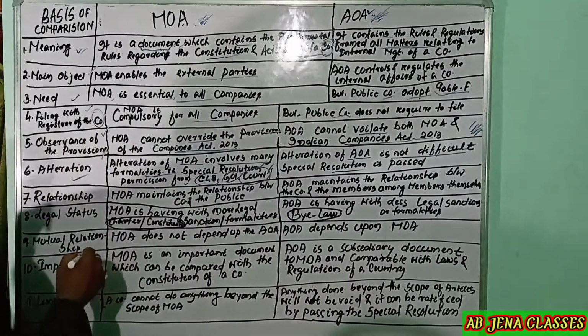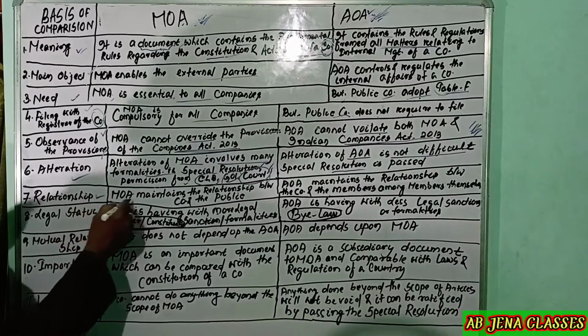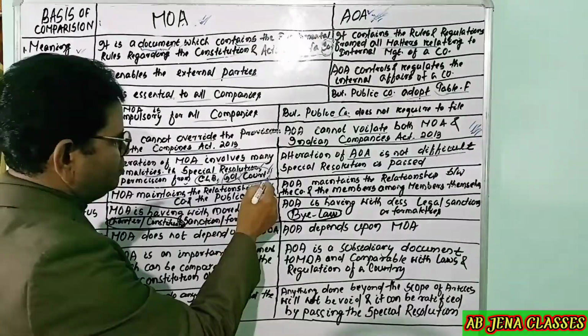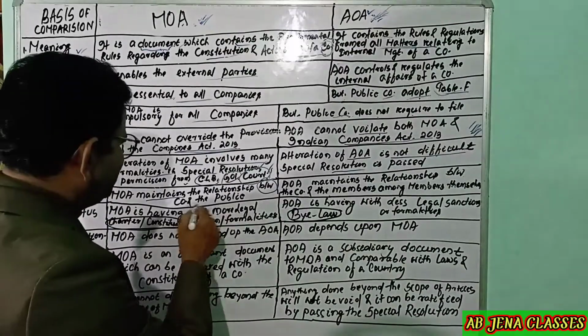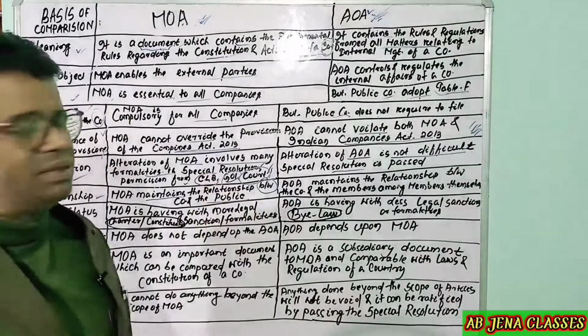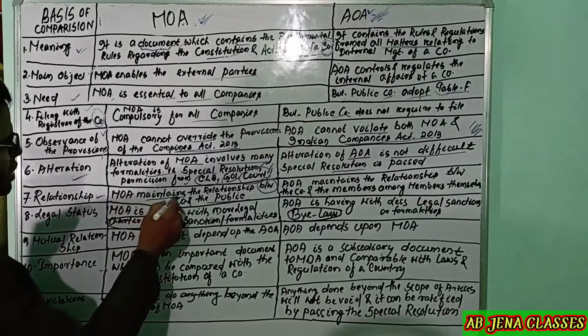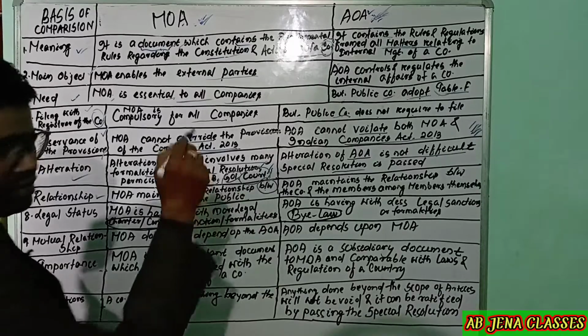Next, the basis of comparison is the relationship. The Memorandum of Association maintains the relationship between the company and the general public. Once again, the Memorandum of Association maintains the relationship between the company and the public.